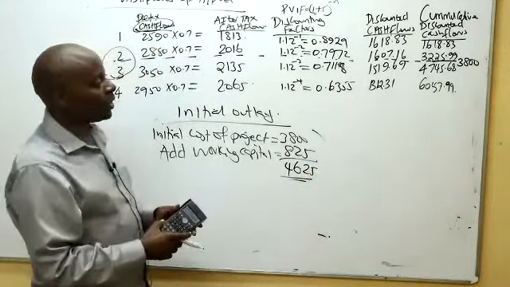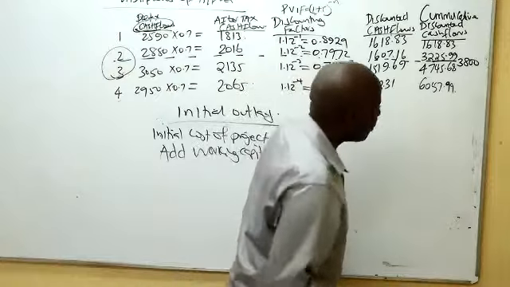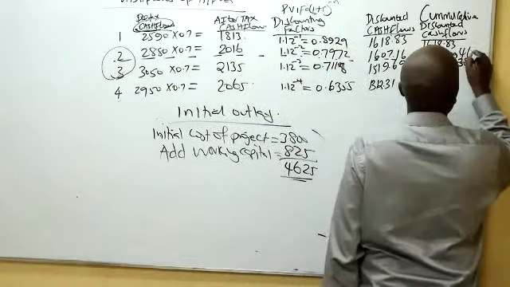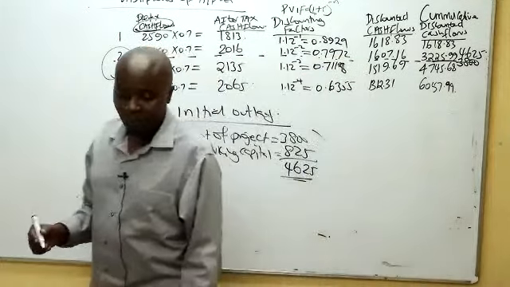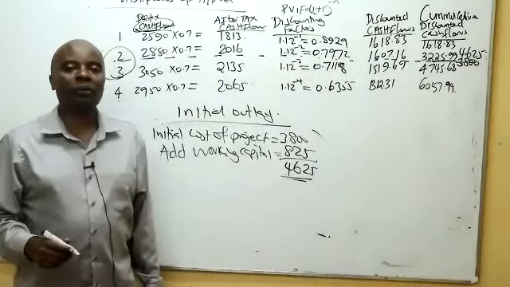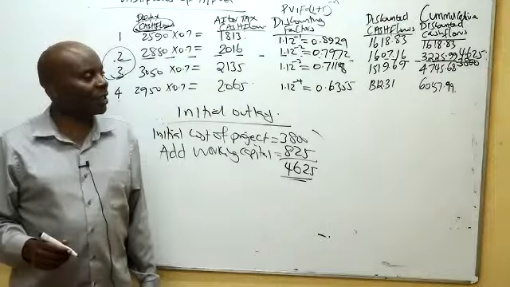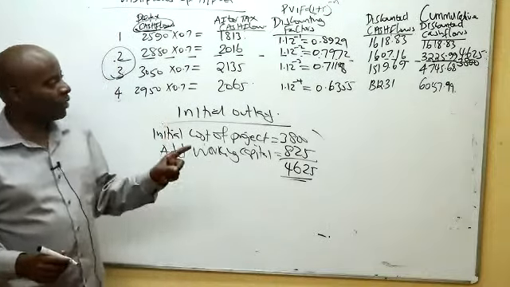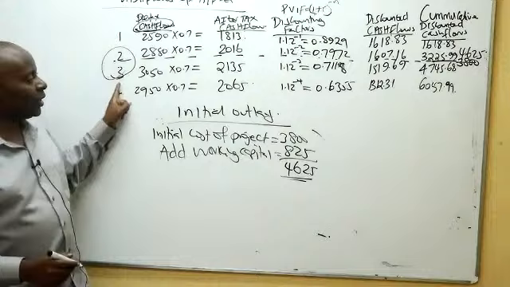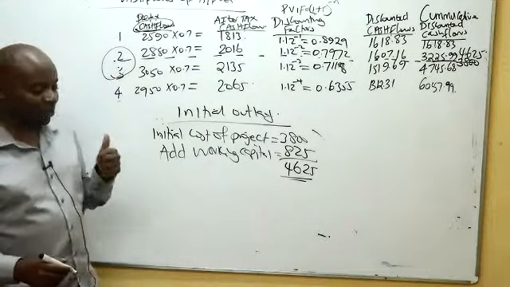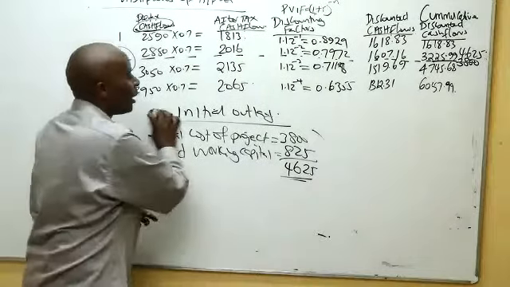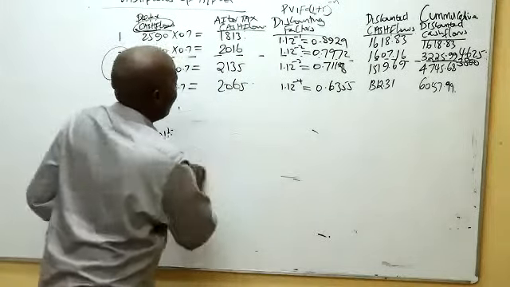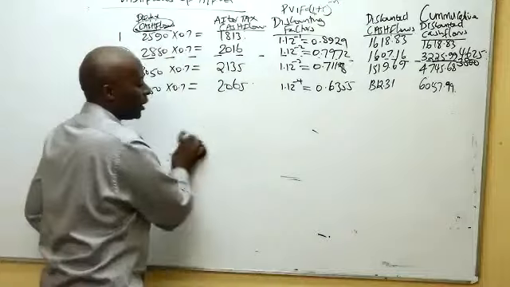So where does 4,625 fall? Still 4,625 falls in between years 2 and 3. So I want to hear from somebody, what will be our payback period?